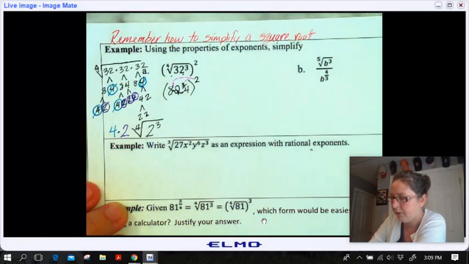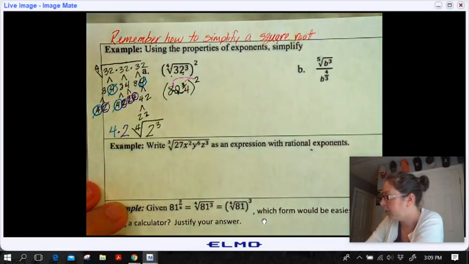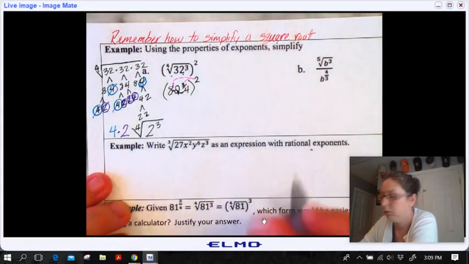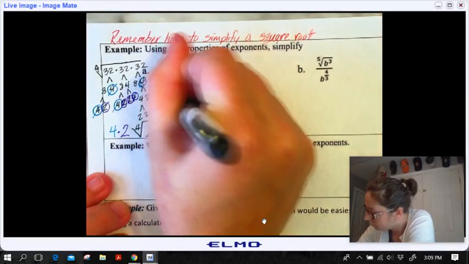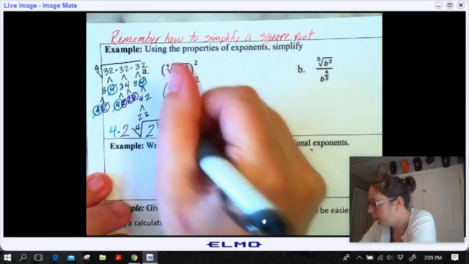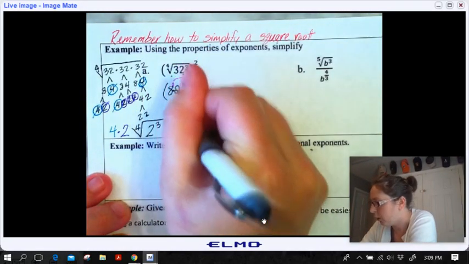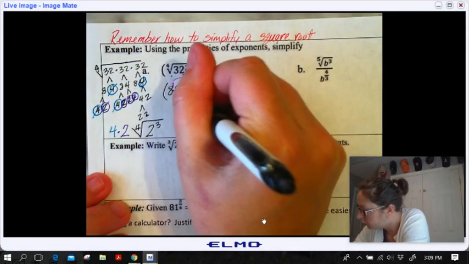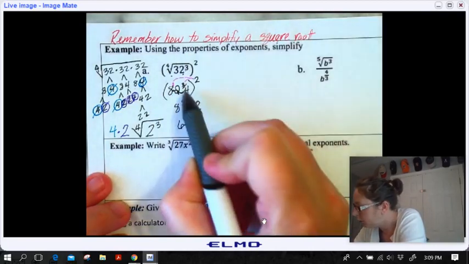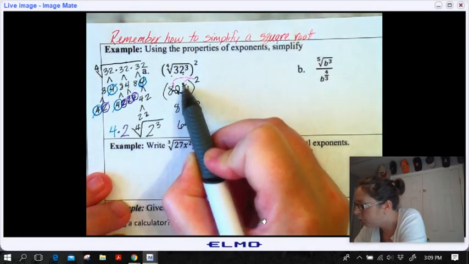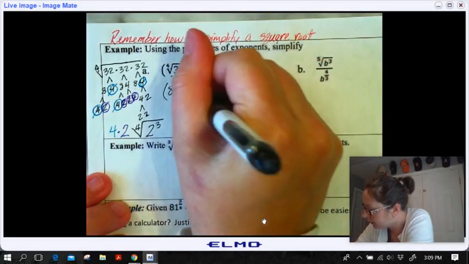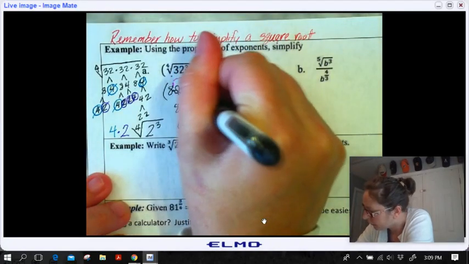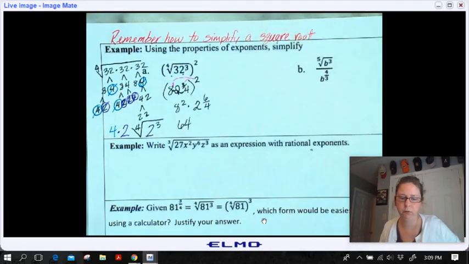So now what I have is 8 to the 2nd power, which will simplify and give me 64. Okay. Then I have 2 to the, this is 3 times 2, which is 6 over 4.